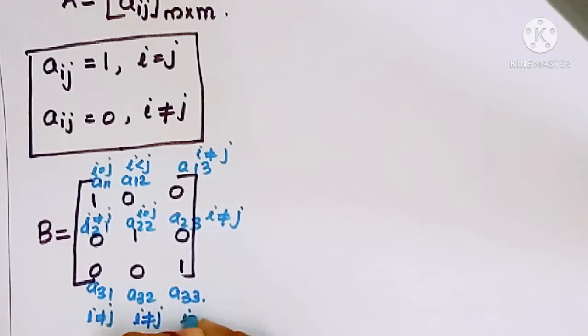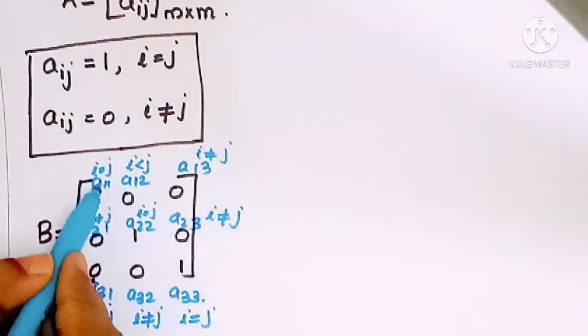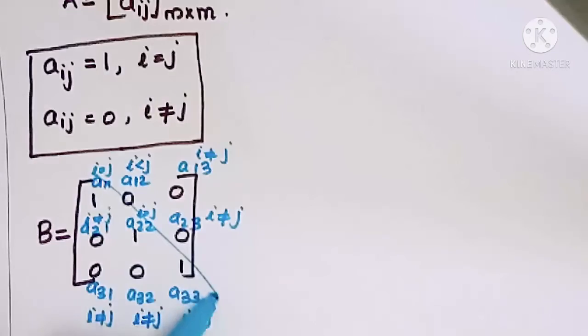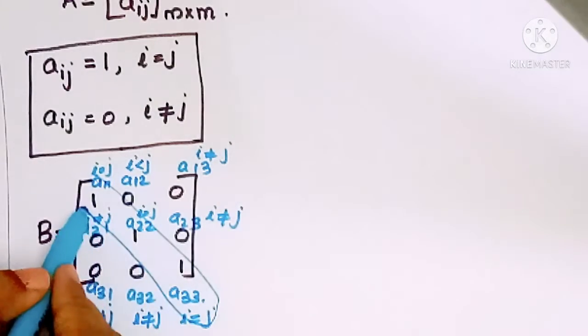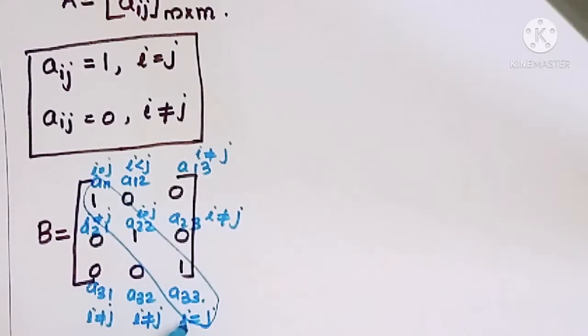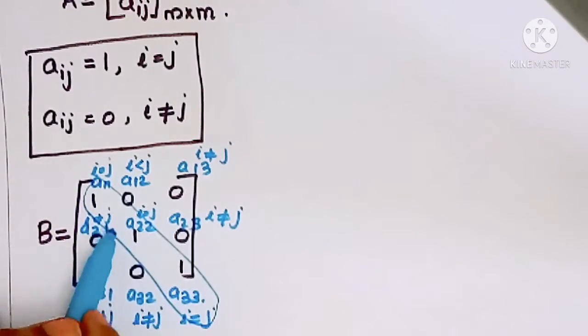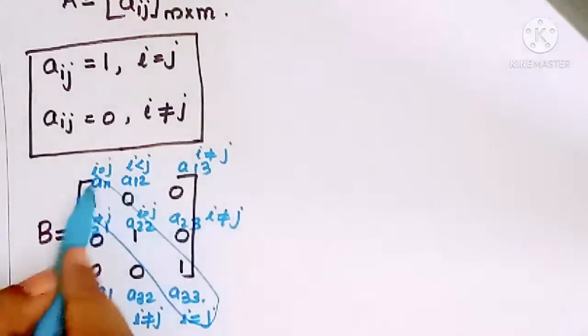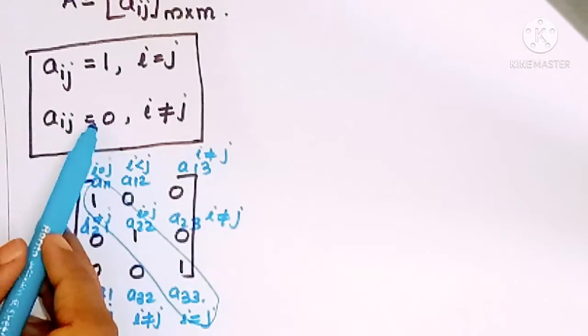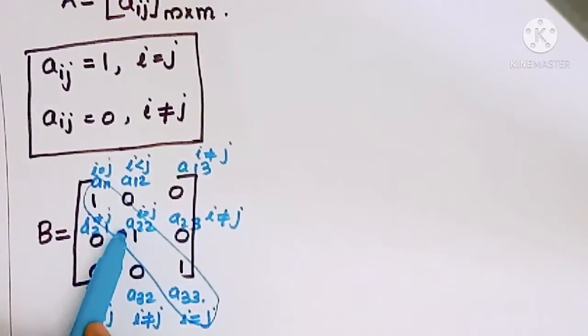Here also i equal to j. So here we have 3 values for i equal to j. In that condition, we have the value 1. When i is equal to j, we get Aij equal to 1. Otherwise, it becomes 0. So this matrix satisfies this condition, and we can call this matrix a unit matrix.